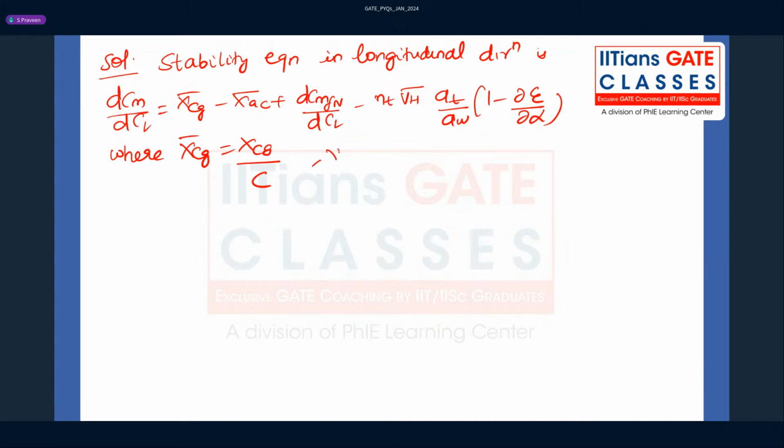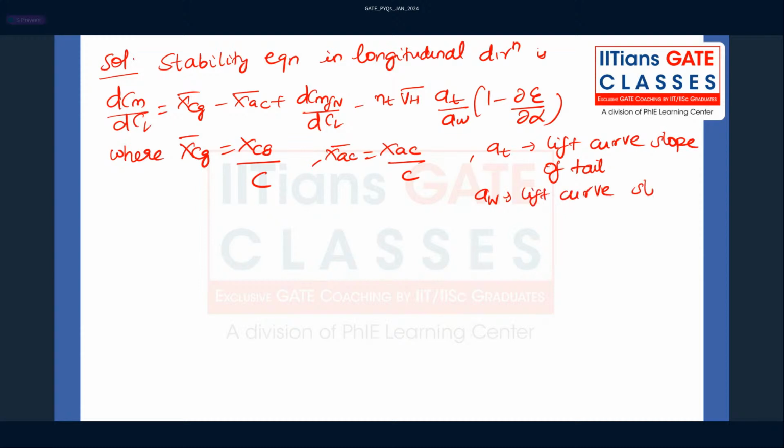And again, xac bar is also the same thing. And Cm_fn is basically the pitching moment produced by the fuselage. And a_t is the lift curve slope of the tail. And a_w is the lift curve slope of the wing. And epsilon is obviously the downwash. Okay?